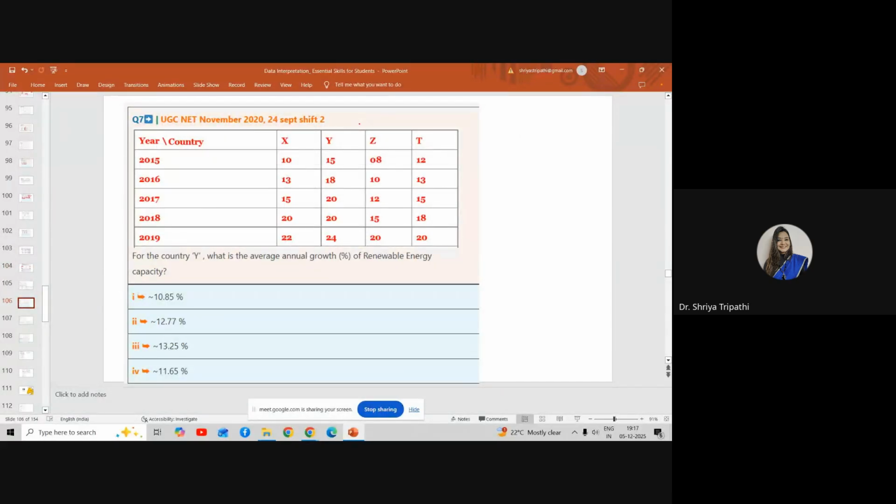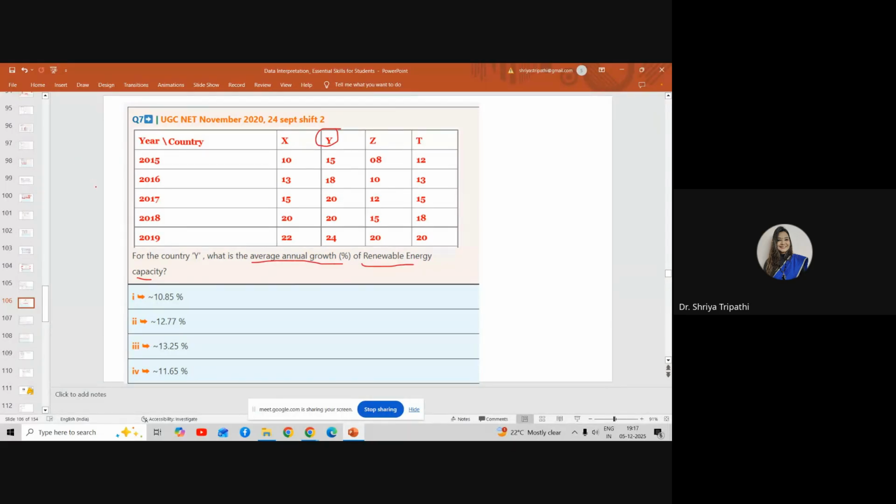For the country Y, what is the average annual growth percentage of the renewable energy capacity? Now, all the answers are given in approximation. What is the average annual growth rate? Growth rate, just now we understood how we calculate increase.